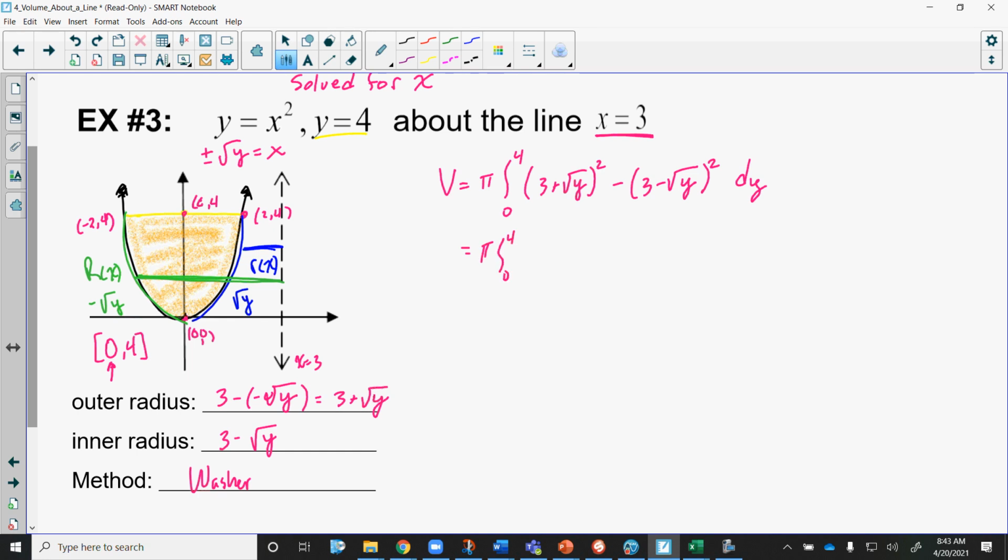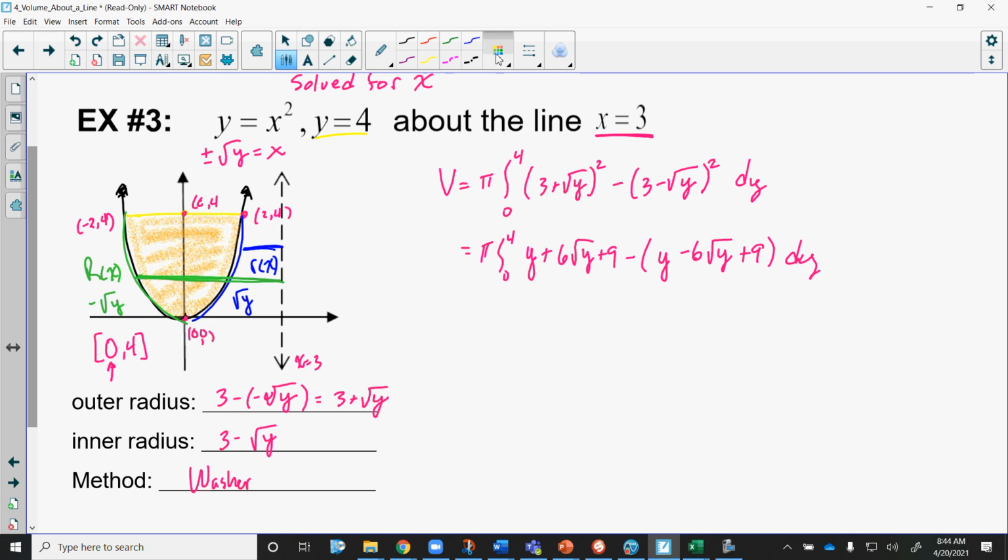So the first binomial, 3 plus the square root of y squared, will give me, in this case, y plus 6 square roots of y plus 9, and I'm just putting it more in standard form, minus, and then here we're going to have again a positive y minus 6 square roots of y plus 9 dy.